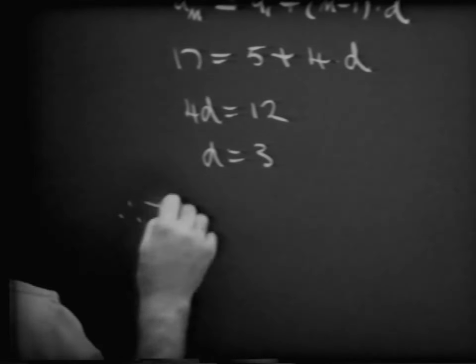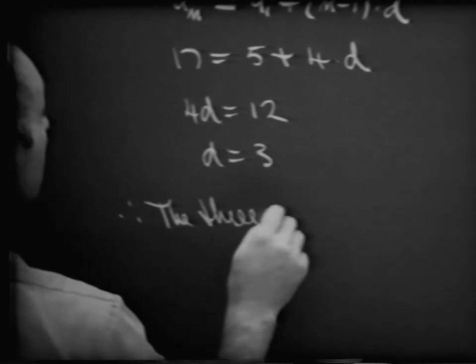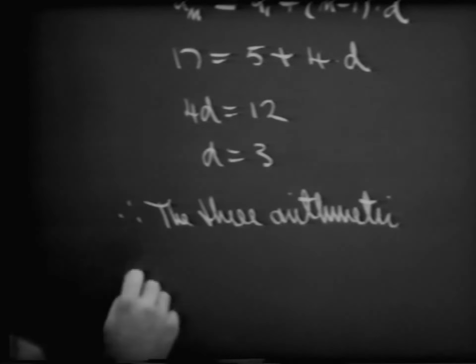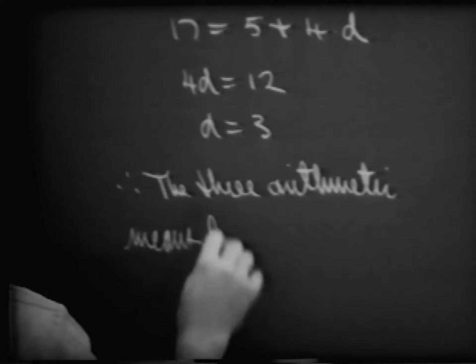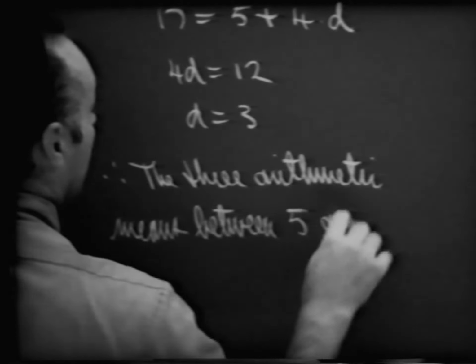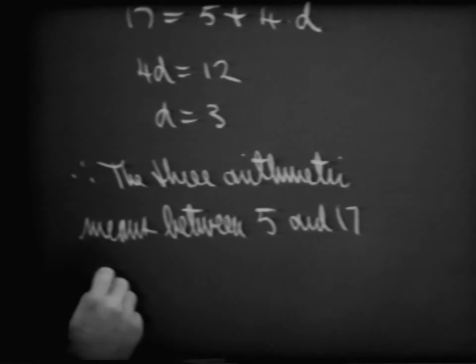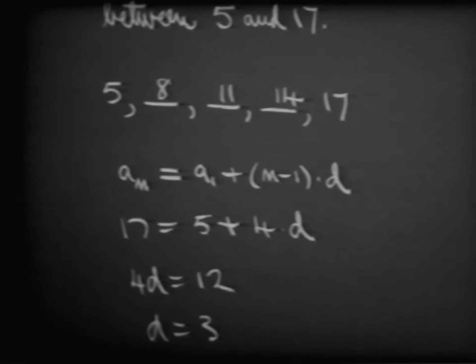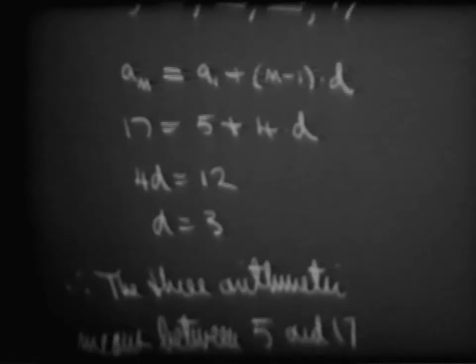The three arithmetic means between 5 and 17 are 8, 11, and 14.